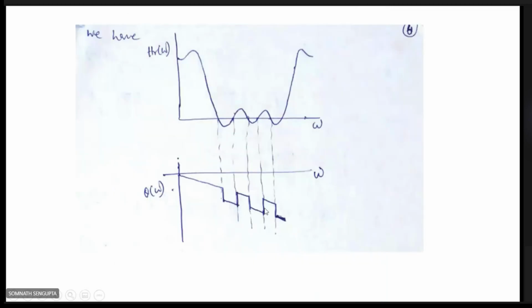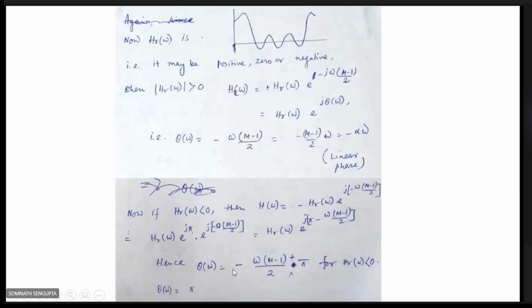So this is shown graphically here, that this is your phase response, this is your magnitude response. When the phase is changing, it is changing by pi amount. Again, it is changing from negative to positive, again by pi amount. So this way it is showing linear phase, but a pi angle is added. Okay, theta omega is pi when it is negative.